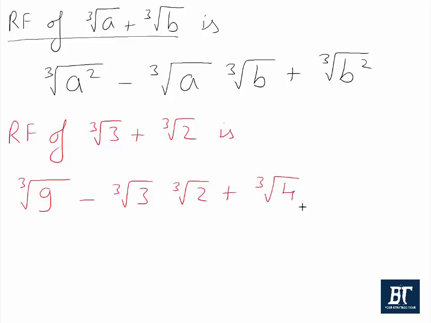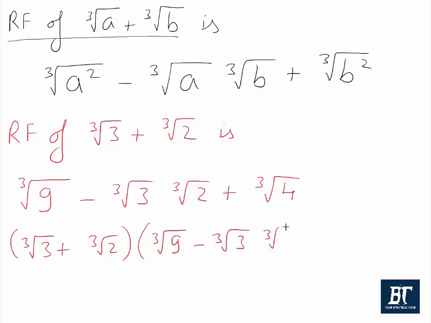So why does this work? Let's see. Because when you multiply cube root 3 plus cube root 2 with its rationalizing factor, this becomes the formula for a cube plus b cube.